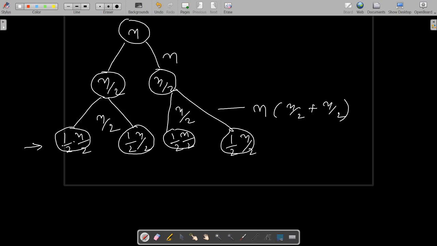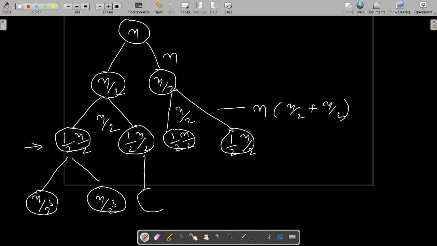Now at this level the input size for all nodes is n/2^2. If we further divide it, that would be n/2^3 for all these nodes.